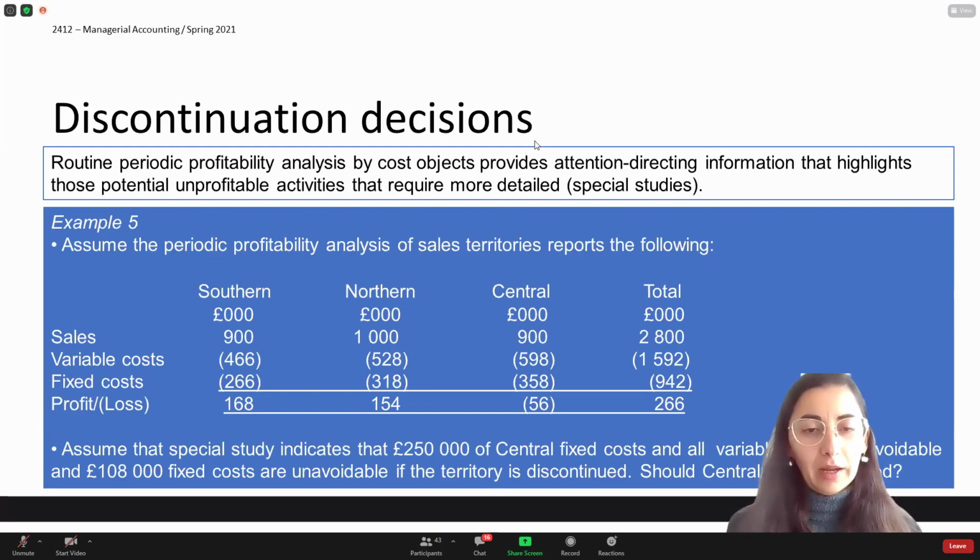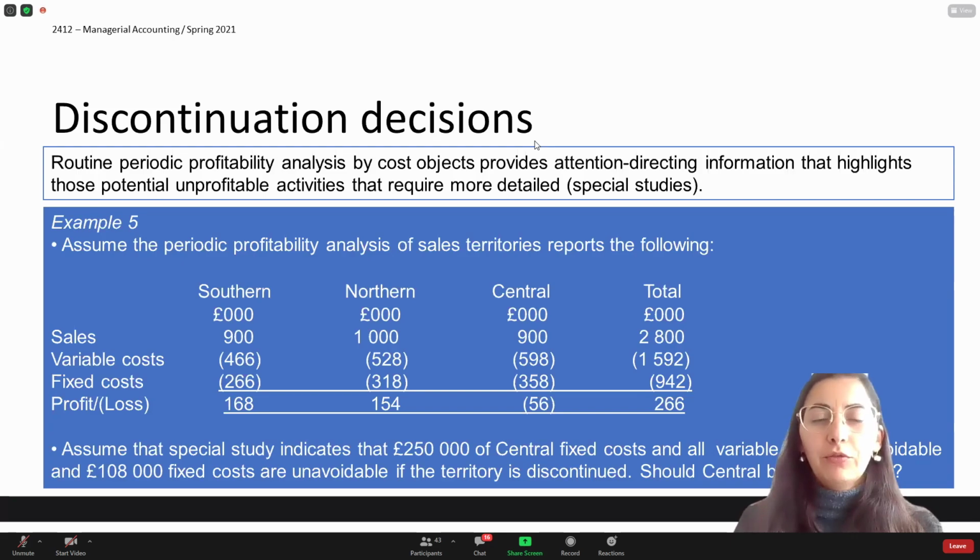Here in this exercise, we do not have information on for how long we cannot avoid this fixed cost of 108. What we have is that the 108 are unavoidable. Maybe they will be avoidable in 2 or 3 or 5 years.